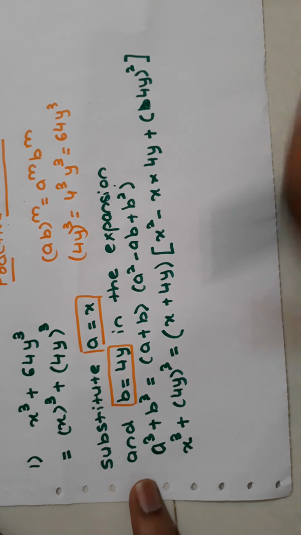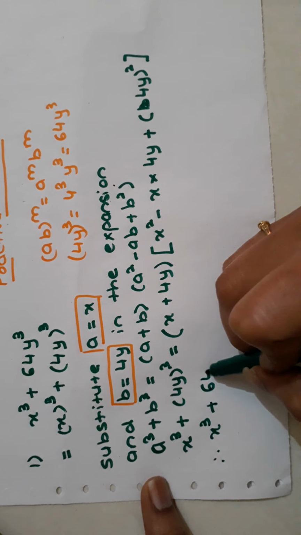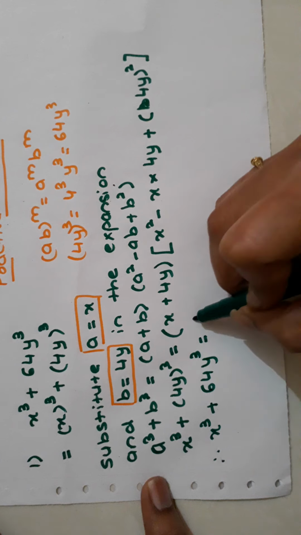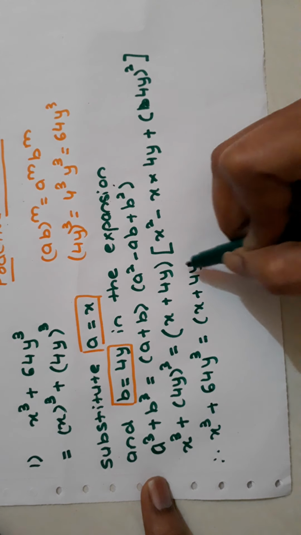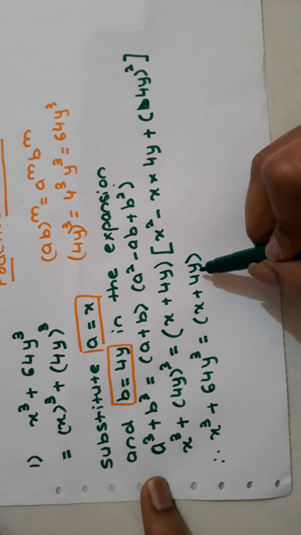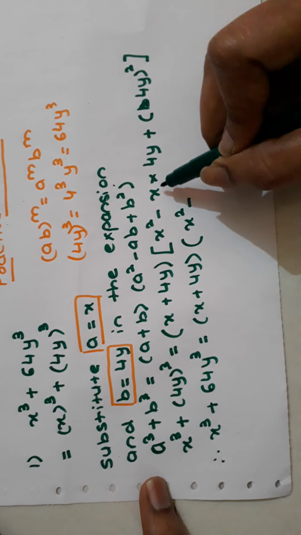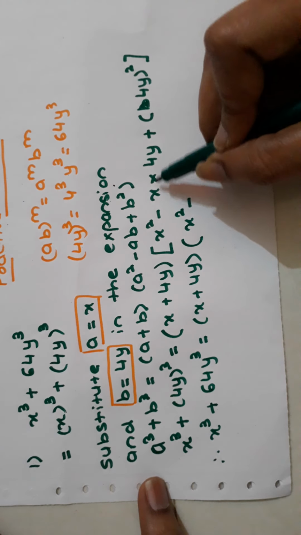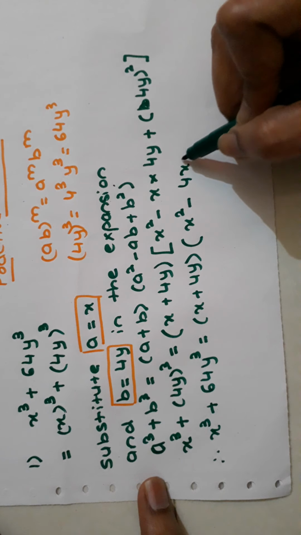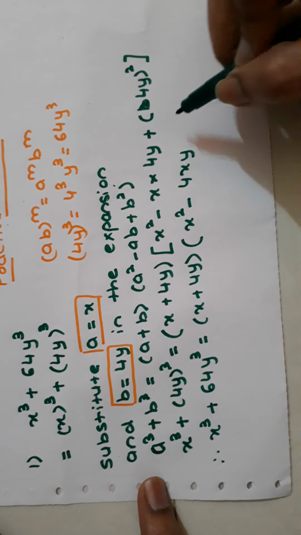So now, therefore, x cube plus 64y cube is equal to x plus 4y as it is, because we cannot add both the terms as they are unlike terms. x square minus, we can multiply unlike terms, x into 4y is 4xy. Always write the coefficient and then the variable.